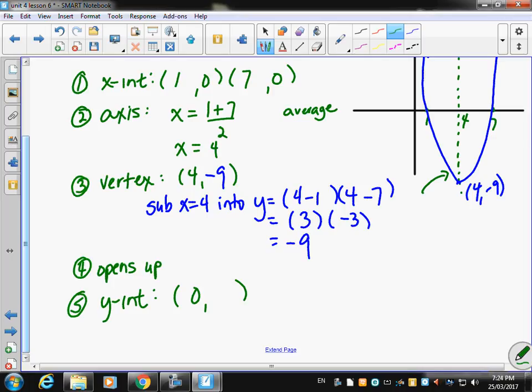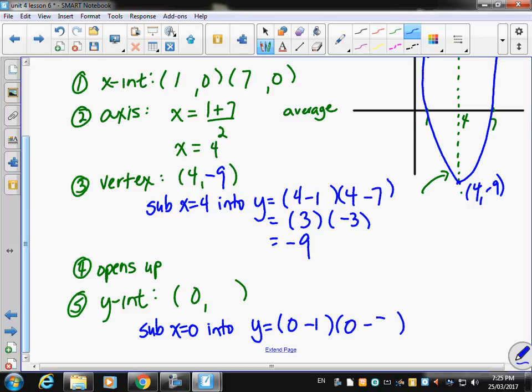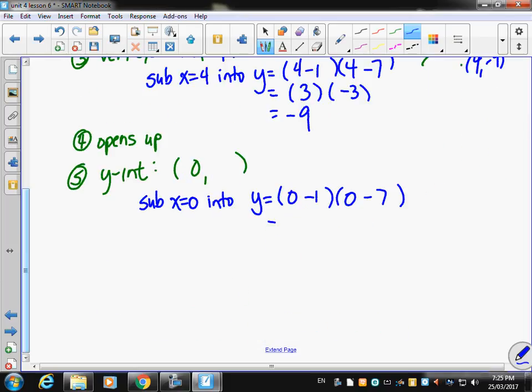But if I know the x value is 0 for the y-intercept, I can substitute x equals 0 into the equation. So I am going to put a 0 wherever there is an x in my equation. So 0 subtract 1, 0 subtract 7. My y-intercept will be negative 1 times negative 7, which is positive 7.